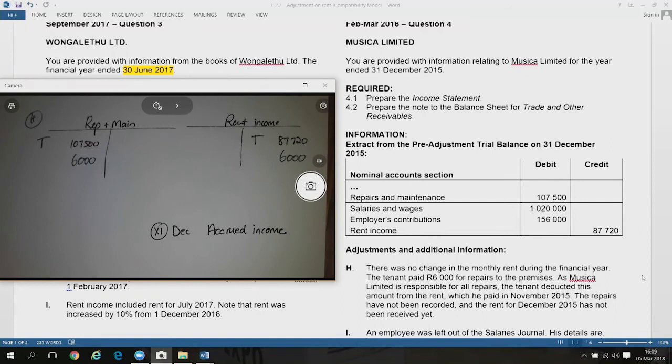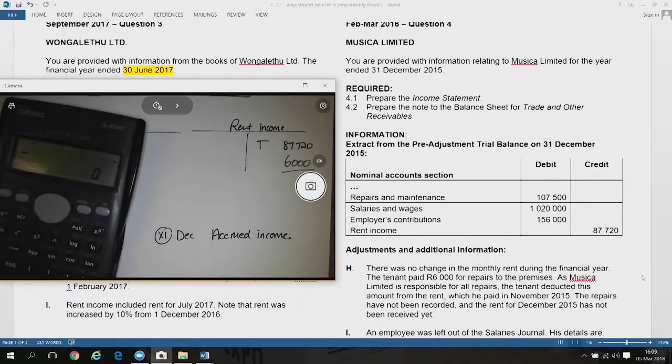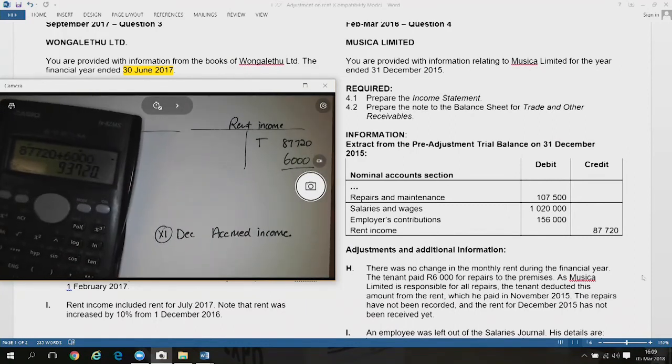Think about it. He paid 6,000 Rand out of his personal bank account. The learners asked me, but what about the bank? No, nothing, because it was not the bank of the business. It was the tenant's bank account.